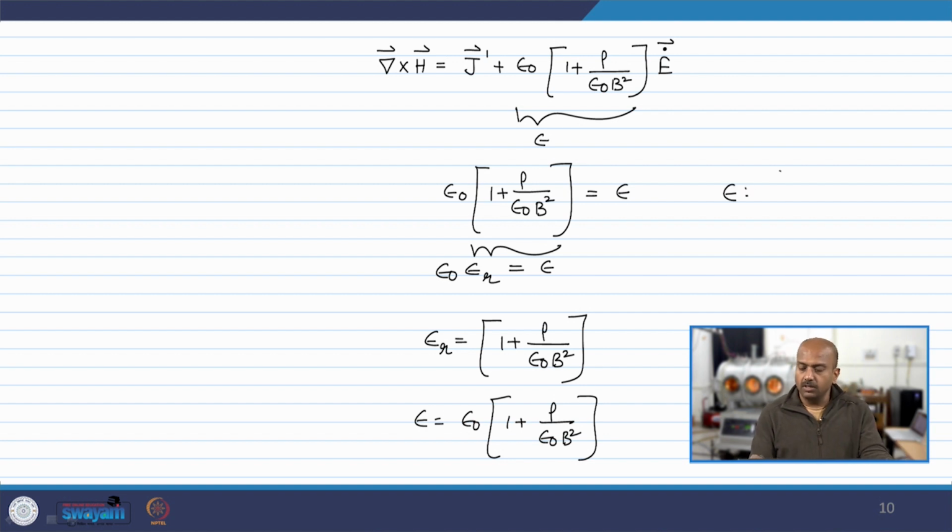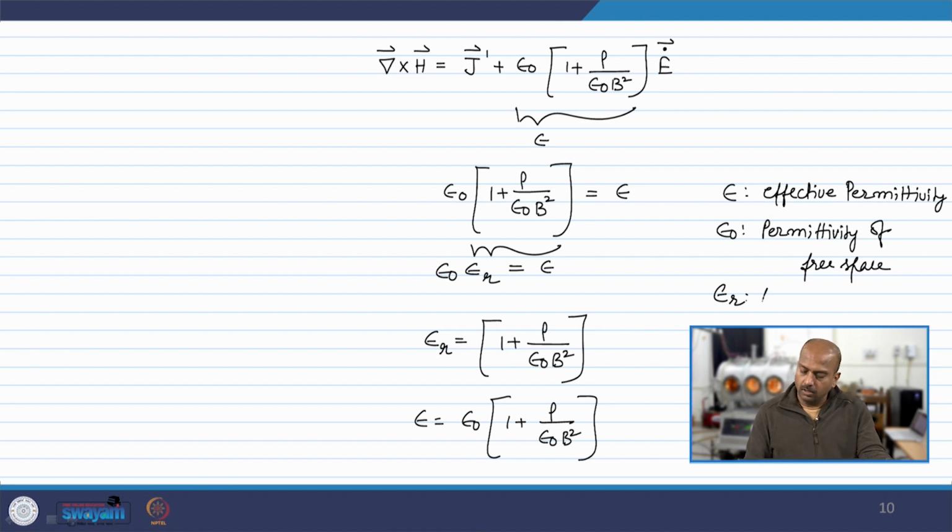Here, epsilon is the effective permittivity, epsilon naught is the permittivity of free space, and epsilon r is the relative permittivity. If you have studied any fundamental courses on electrodynamics, all of these terms will be very much familiar to you.